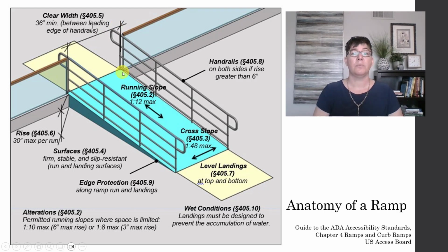You're required to provide handrails if the rise of your ramp is greater than 6 inches. That's why those curb ramps didn't have handrails, because their rise was less than 6 inches. Talking about rise, right here, there is a 30-inch maximum rise for each run of your ramp.